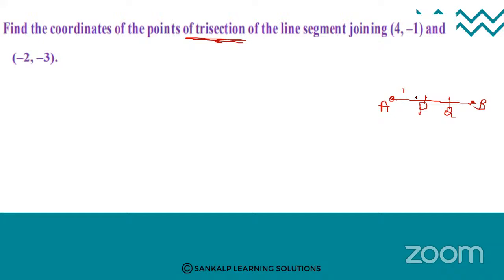So if the total distance is 3, A to P is 1, P to Q is 1, Q to B is 1. That means P and Q divide the line into 3 parts, and that we call trisection. Okay.